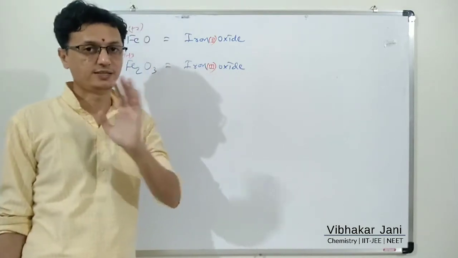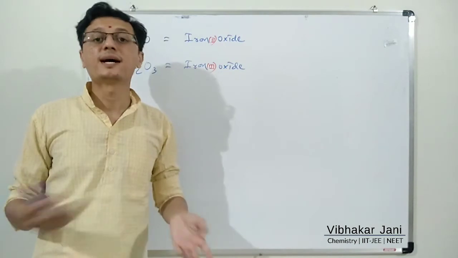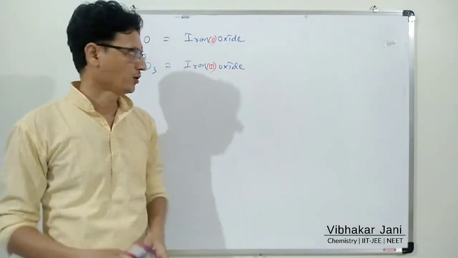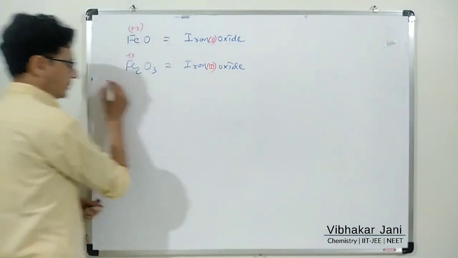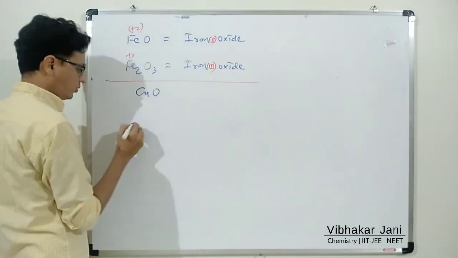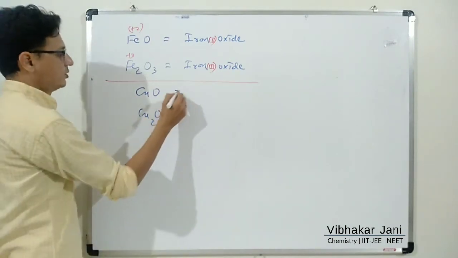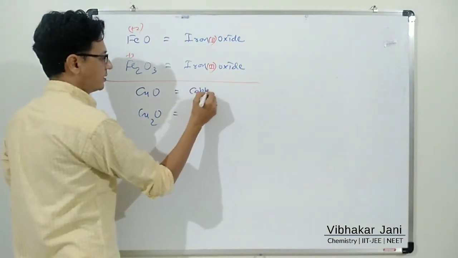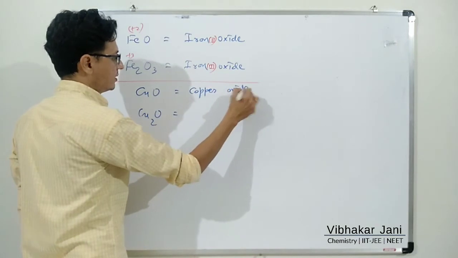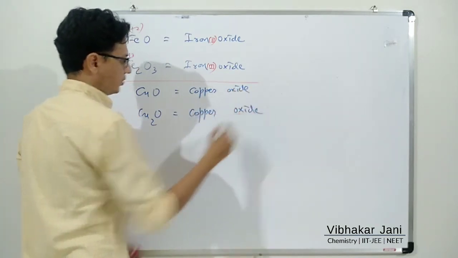Sometimes we have to mention the oxidation state of an element. Otherwise, all different ions have different names. Okay, now let us see one more. CuO and Cu2O. Both are oxides of copper. This is also copper.